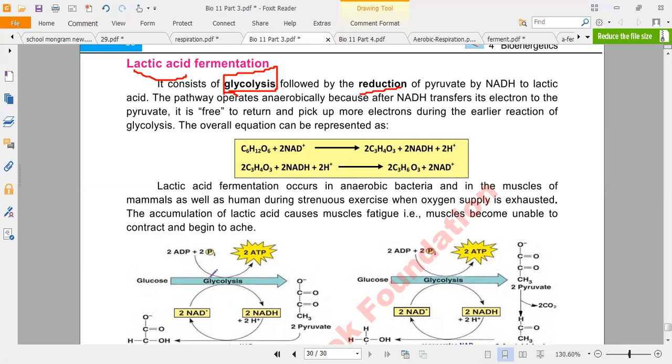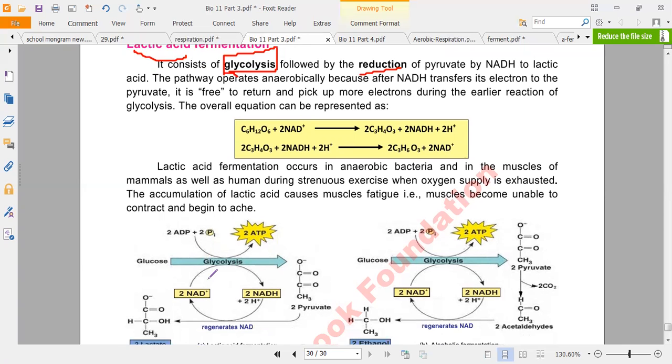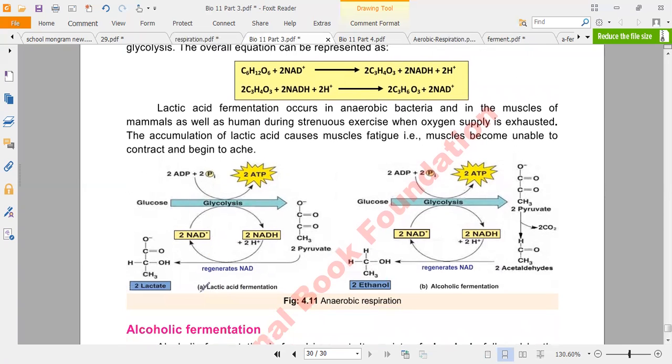If you see this reaction of lactic acid fermentation, glucose changes into pyruvate, and this pyruvate is going to change into lactate or lactic acid.